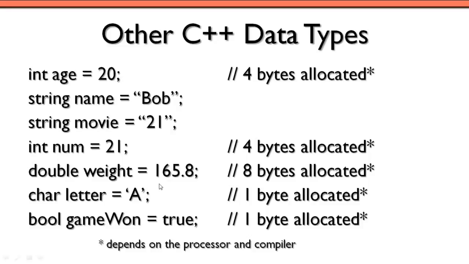All right, so another numeric data type is double. We see an example here where we've declared a variable of type double and assigned the value 165.8 to that particular memory location designated by weight. With double values, we can actually support numbers that have a fractional part, or a representation of real numbers.